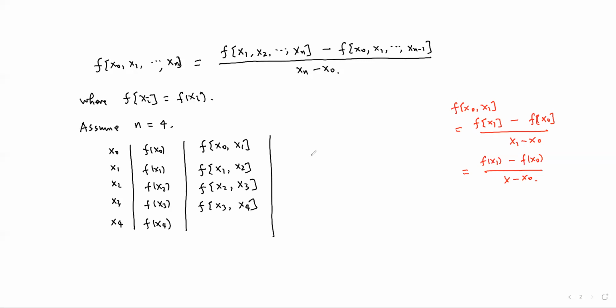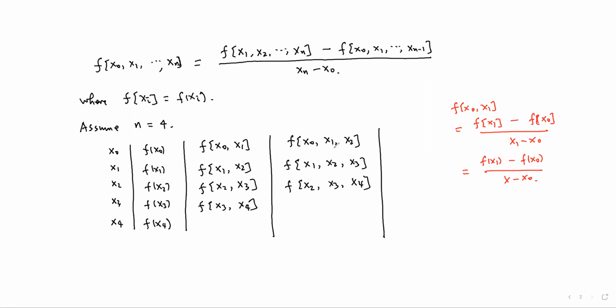Now, the next column. After we get this column, then by the formula, we can compute the divided difference at x0, x1, x2. And we can compute x1, x2, x3. And x2, x3, x4.